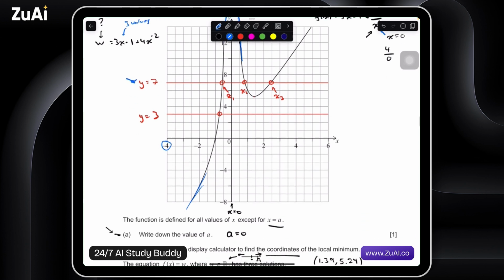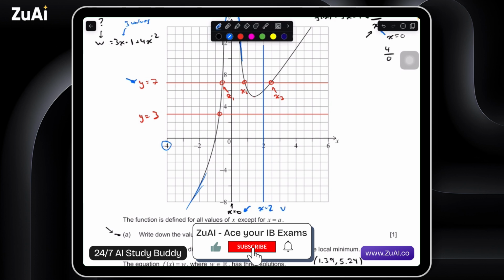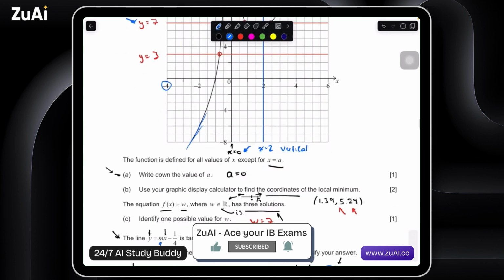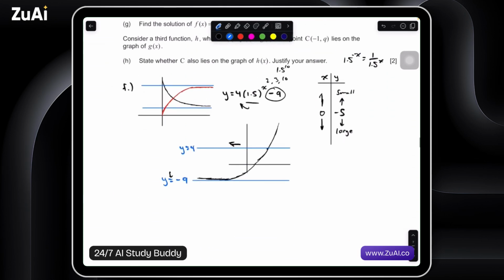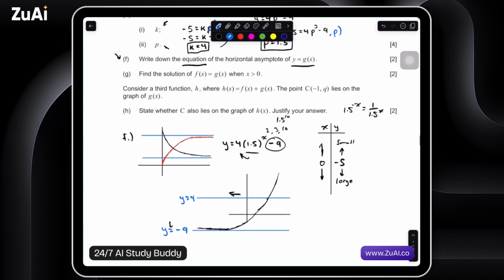And our vertical lines are, in this case, x is equal to 0 or x is equal to 2. These are our vertical lines, and these are our horizontal lines. So if we want to write an equation, what is our horizontal asymptote? It's negative 9 in this case.